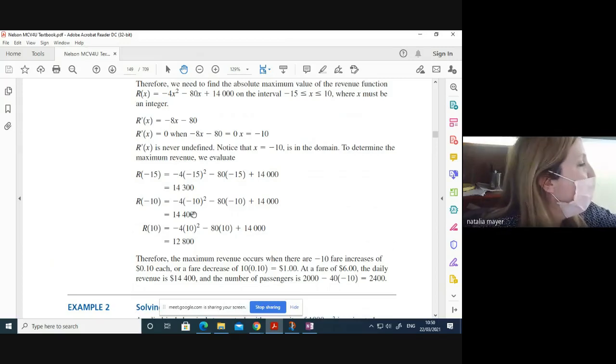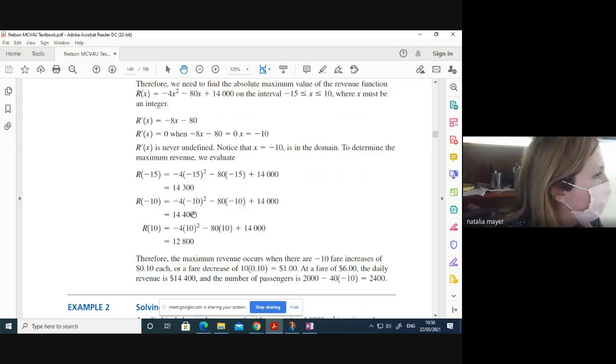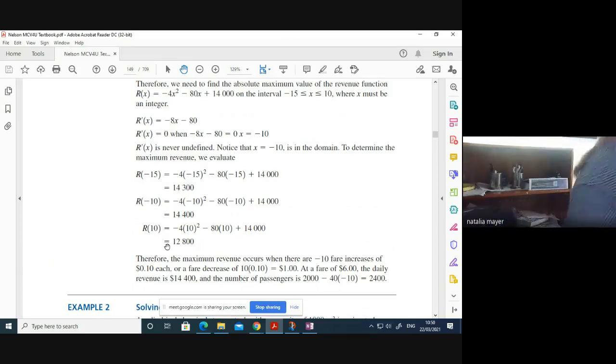Do we need to increase the price or decrease the price to maximize the revenue, based on the fact that this is -10? Decrease the price. How many times, Abdurrahman, do we need to decrease the price to maximize the revenue? If it's -10, negative 10? 10 times. What should be the price if you decrease it 10 times?